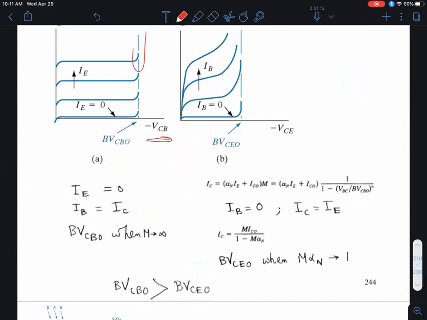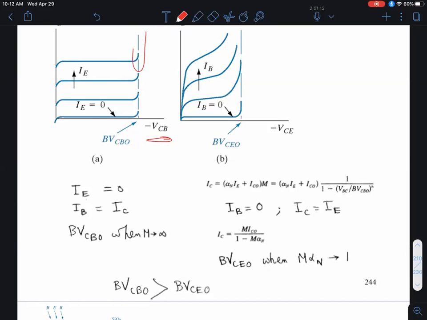And then depending on the mode of operation, you can define breakdown voltages BVCBO. And the way to read that is, it's a breakdown voltage between collector and base with the emitter open, okay? And that'll break down when the impact ionization multiplication rate M goes up to infinity.